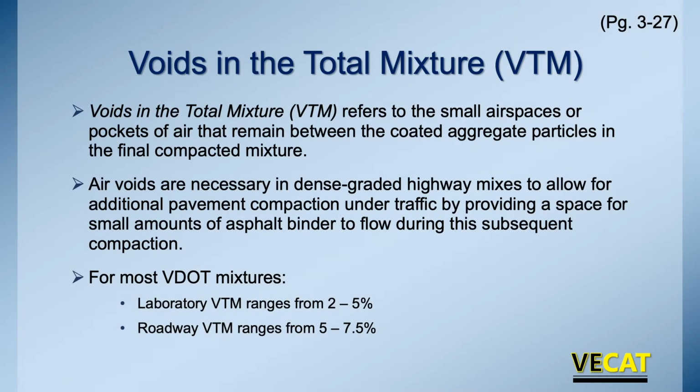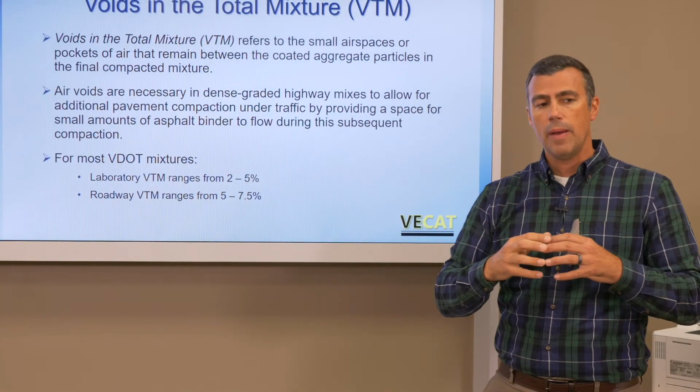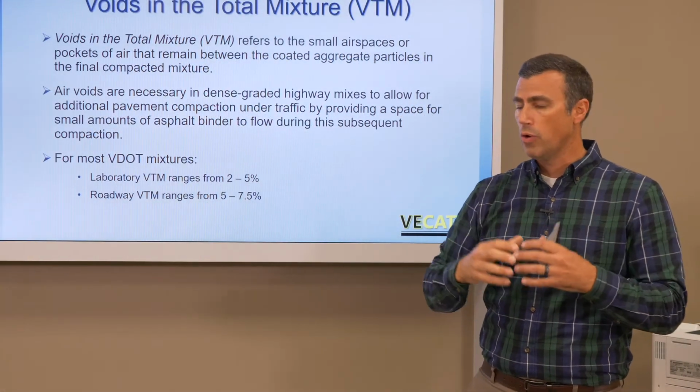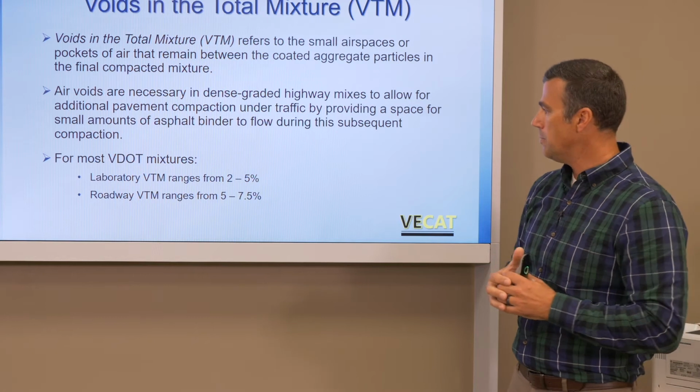Air voids are important. They're necessary in dense graded highway mixes to allow for additional pavement compaction under traffic by providing a space for small amounts of asphalt binder to flow during subsequent compaction. So it gives that mixture room to breathe or to sustain loading.